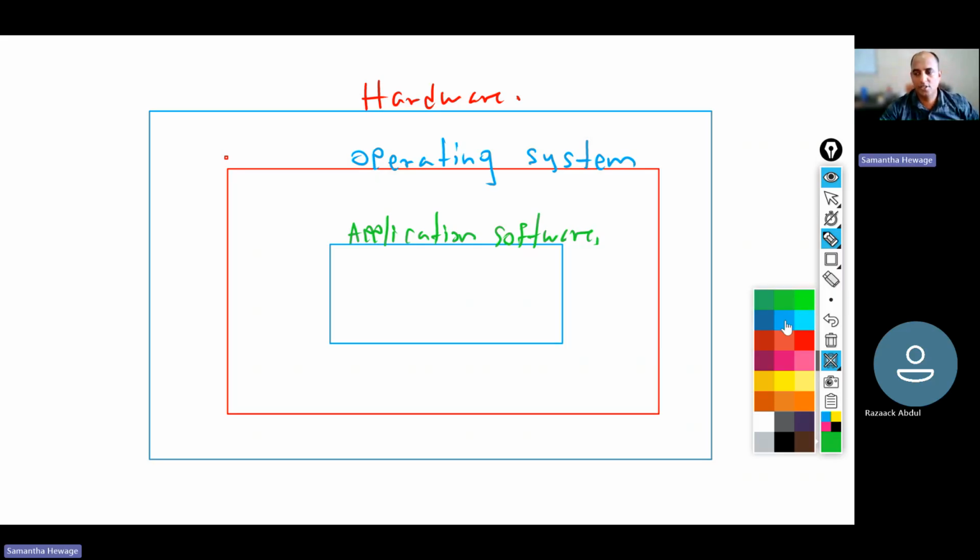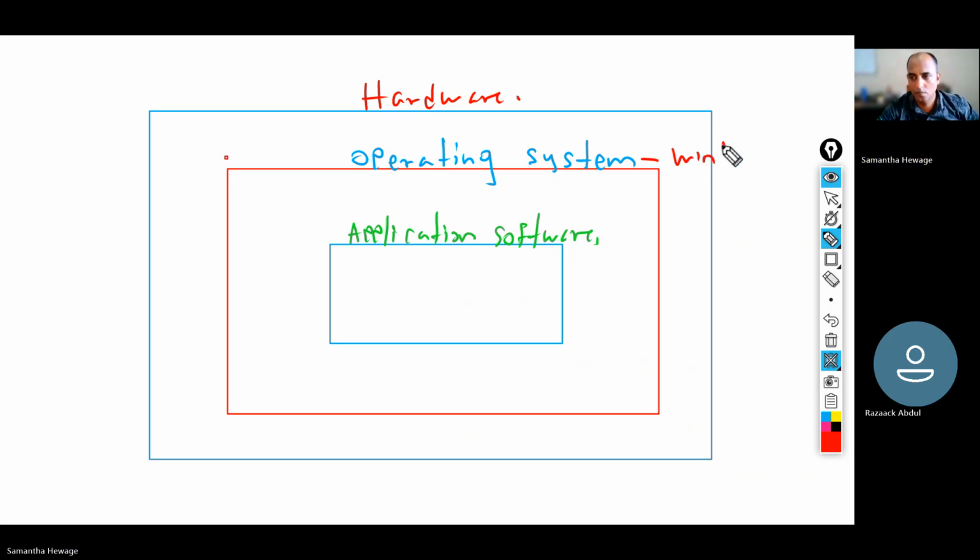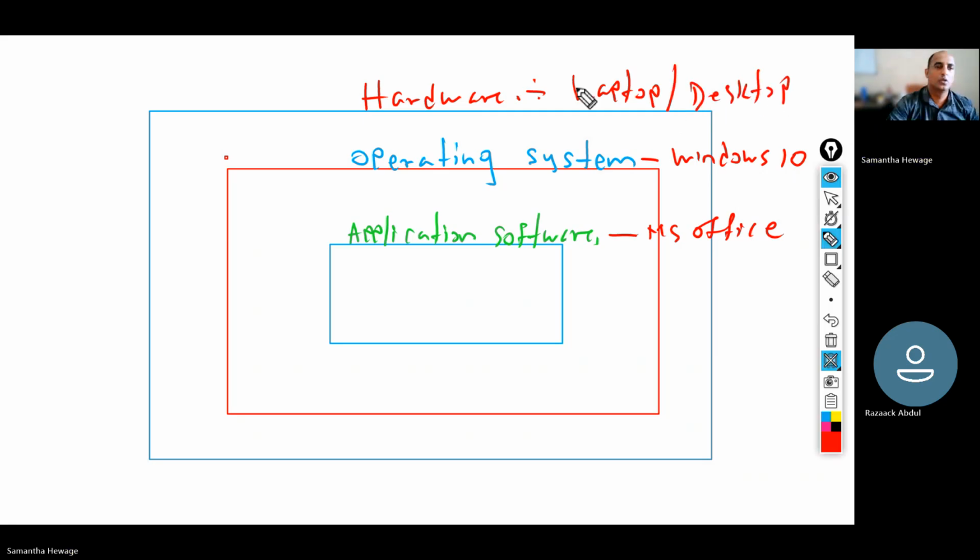Here the operating system, such as we can say Windows 10. In application software, you can have a Microsoft Office package. Hardware, laptop or desktop without OS.